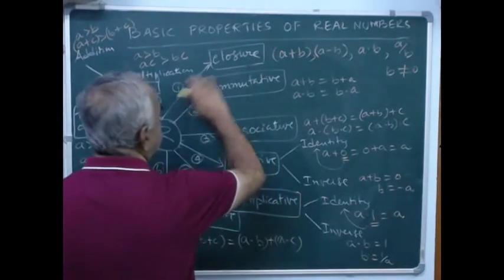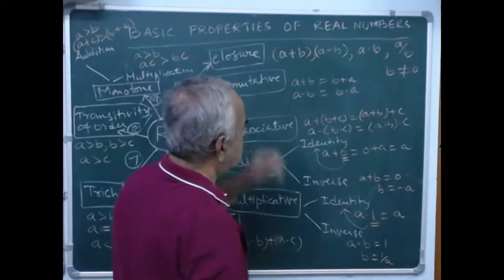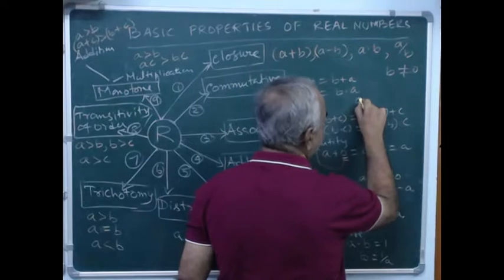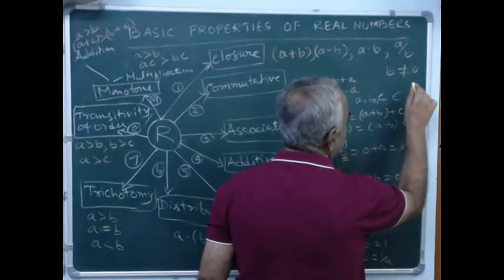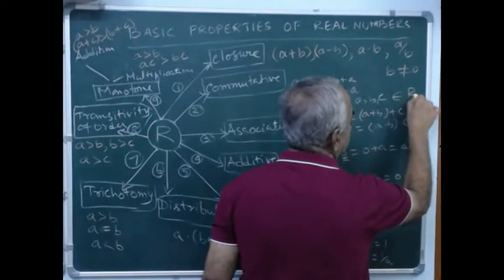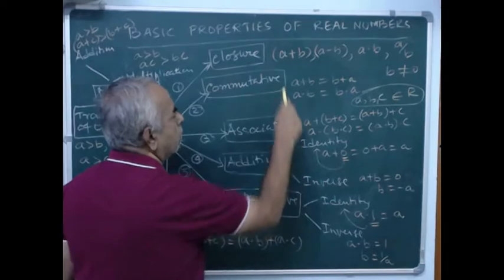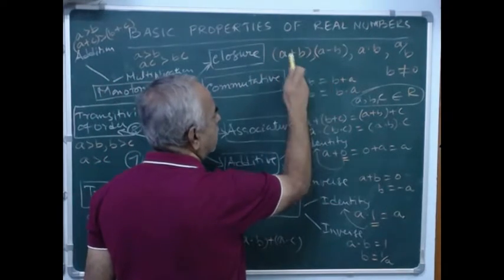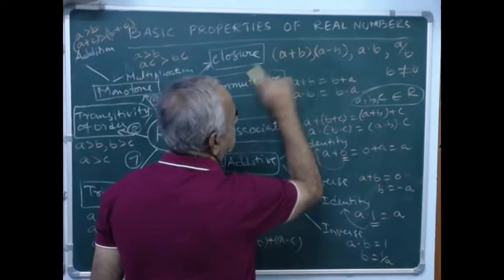For example, let me take the closure law. Before that, let us say A, B, C all belong to the real numbers. Now, when I say A plus B, you have to consider any two real numbers.